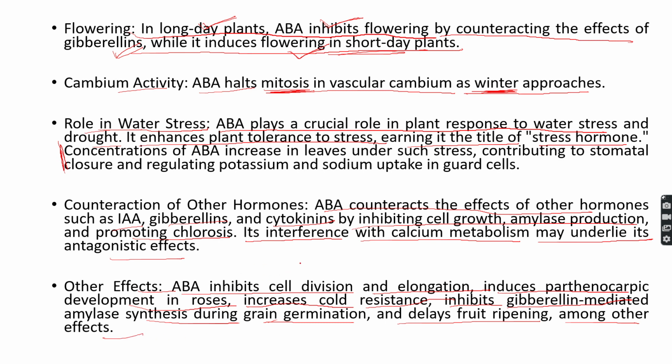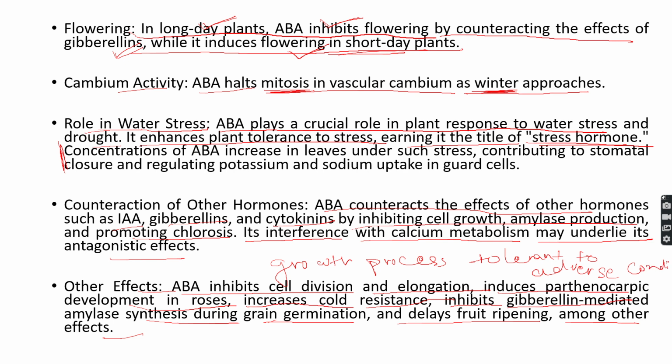So if we see as a whole, it is inhibiting all the growth processes of the plant, and it is making the plant tolerant to adverse conditions. That is why it is known as the stress hormone.